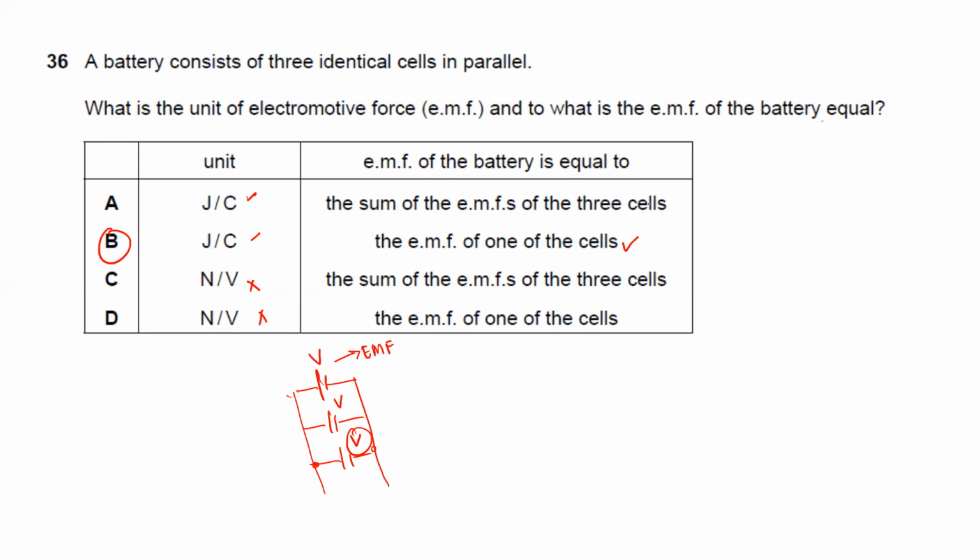If they are connected in series, then the EMF will be equal to the sum of these, and answer A would be the best choice. But in this case the cells are connected in parallel, so answer B is the right choice.